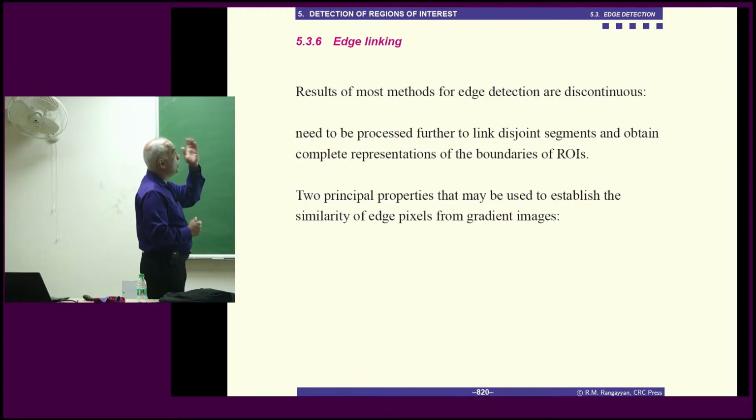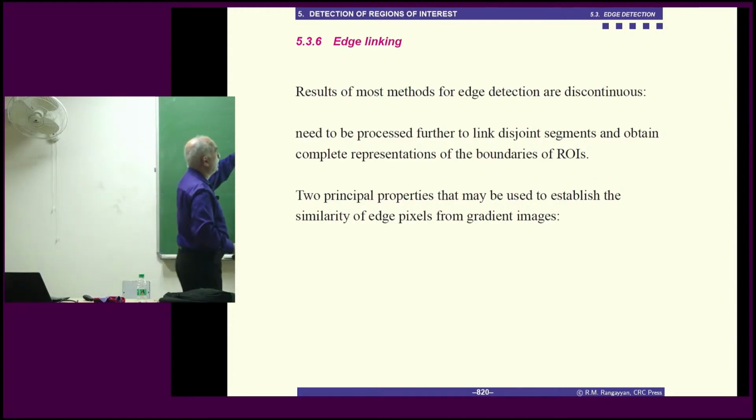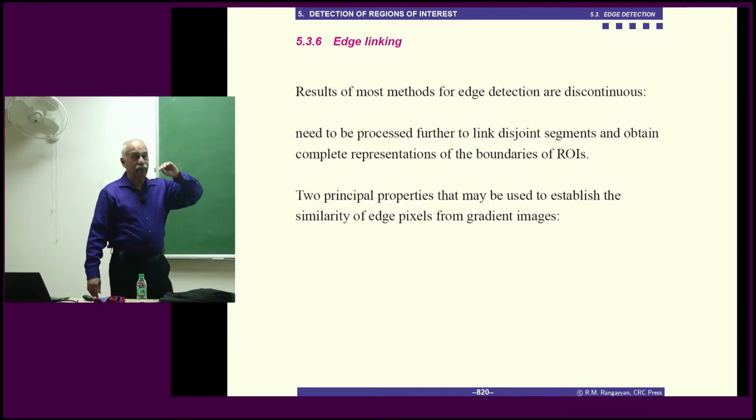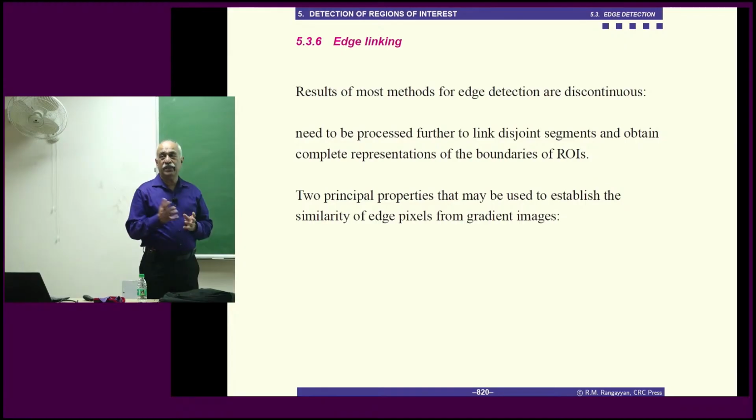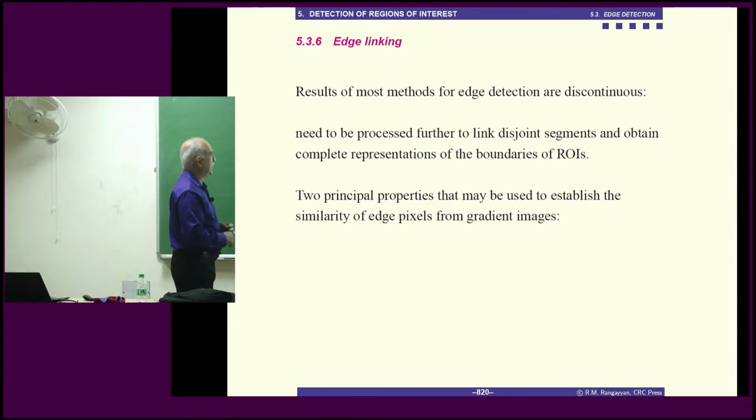So results of most methods for edge detection are discontinuous. They are points marking zero crossings or some property. They need to be processed further to link disjoint segments and obtain complete representation of the boundaries of the ROIs, all boundaries of whatever objects are present in the image.